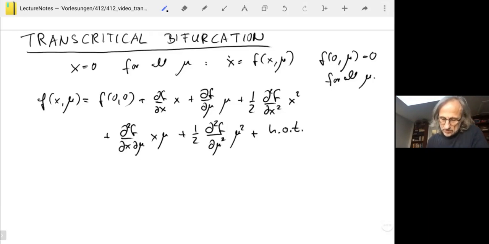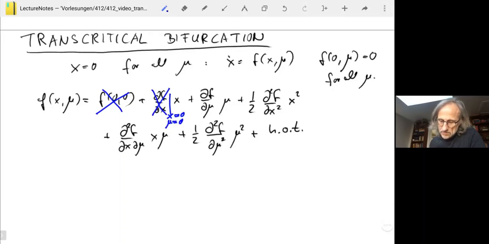Okay, so which terms disappear here? Well, as before, we are at a fixed point, so this term is not there. Then we also assume that x equals 0 and mu equals 0 is a bifurcation. So this term, which again is always evaluated at x equals 0 and mu equals 0, vanishes.